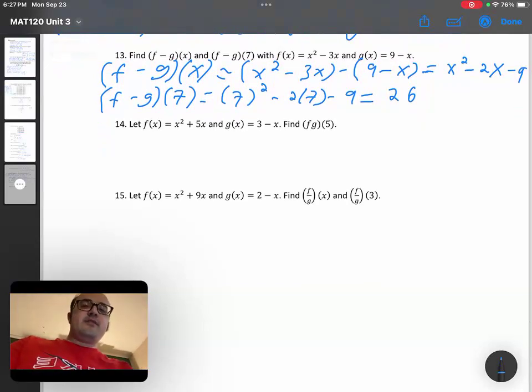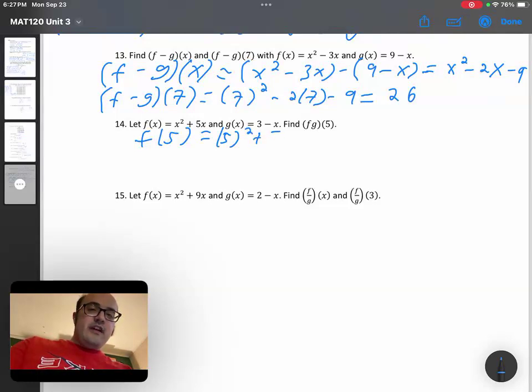With f of x being x squared plus 5x and g of x being 3 minus x, we want f times g of 5. So if we put 5 into f, 5 squared plus 5 times 5, so 25 plus 25, this makes 50, and g of 5 is 3 minus 5, makes negative 2.